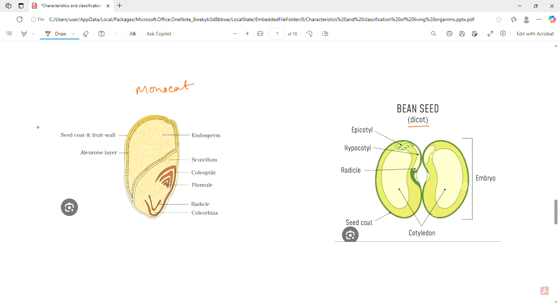Seed coat or fruit wall, aleurone layer, endosperm, scutellum, coleoptile, plumule, radicle, coleorhiza. So this is the monocot seed and this is the dicot seed. It is epicotyl. You can see the epicotyl, the leaflet-like structure, then hypocotyl, radicle, seed coat. These are two cotyledons which are kidney shaped. You can see that. And this is the embryo. These are the bean seeds.